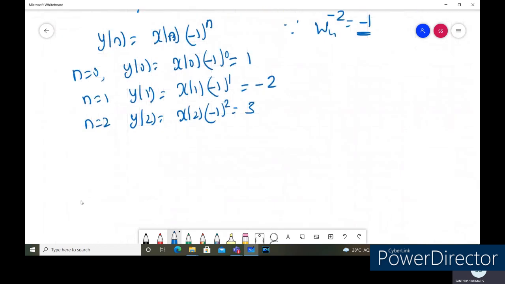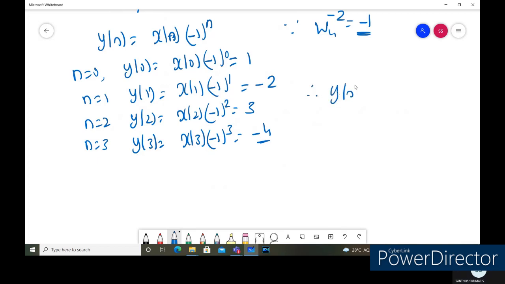And when n is equal to 3, y of 3 is equal to x of 3 into minus 1 to the power of 3, which becomes minus 4. Therefore we can write the sequence y of n as 1, minus 2, 3, minus 4.